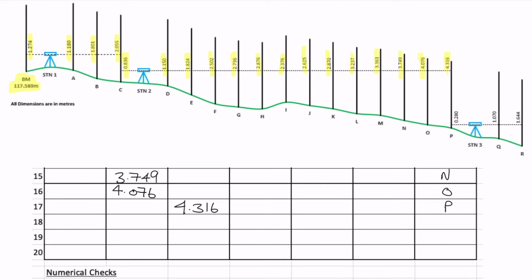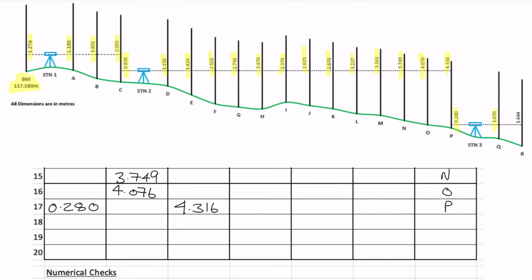A change station occurs, the level is repositioned, 2 readings are booked at point P, level is reset to station 3, so the first reading at station 3 is recorded. It will be a backsight. The value is 0.280, recorded as a backsight on row 17.